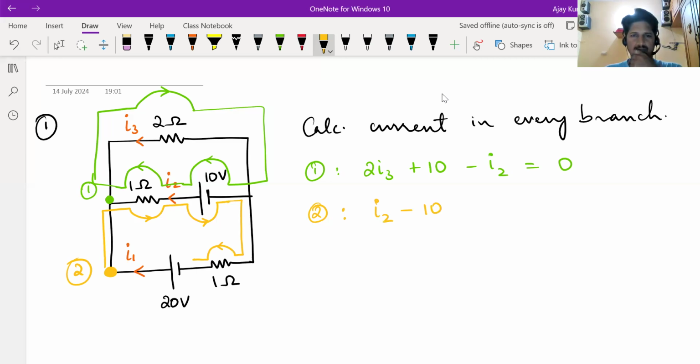Plus 1, because it is in the direction of the current I1. Why? In the direction of current, how do you write potential change across a resistor? How should we write?